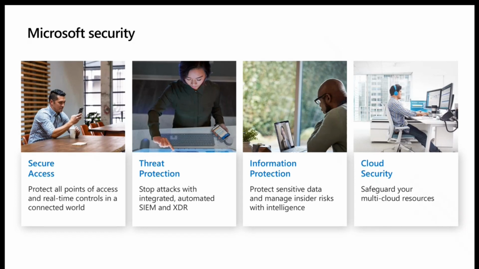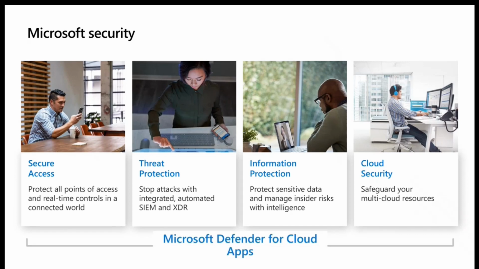And also we have Microsoft 365 Defender, acting as our XDR to help synchronize and consolidate all those different threat detection products. Information protection: you will see that information protection in the cloud is now critical, and Microsoft Defender for Cloud Apps will help you with that. Finally, cloud security, trying to help you secure not only your Microsoft resources, but also other PaaS and SaaS.